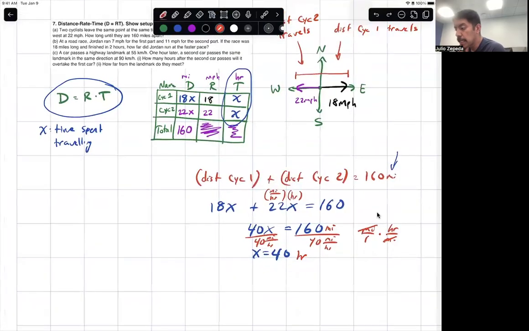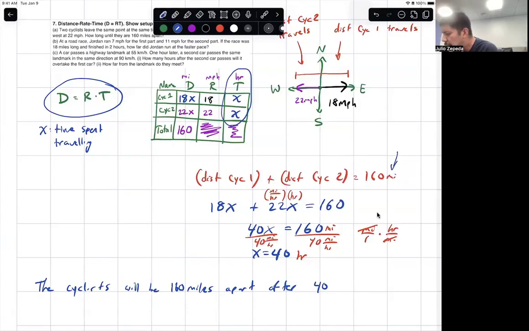Whoa, that's a lot of hours that it takes for them to be 160 miles apart. Okay, so I'll write a sentence. The cyclists will be 160 miles apart after 40. Oops. And 40 hours seemed a little bit ridiculous. You can see I'm making a good number of mistakes there. 160 divided by 40 is not 40, it's 4. Okay, so small little typo there. After 4 hours.